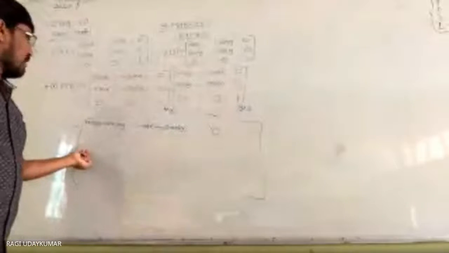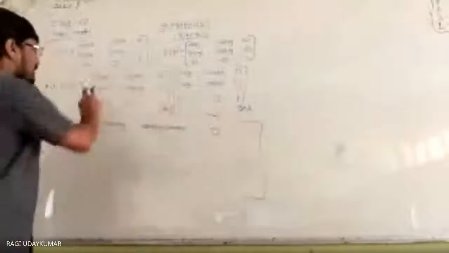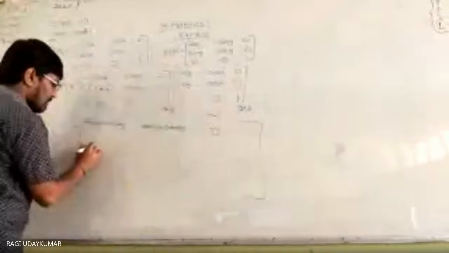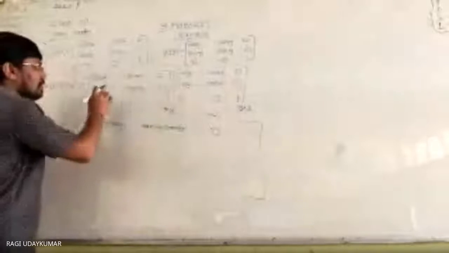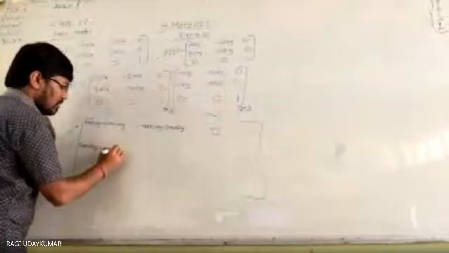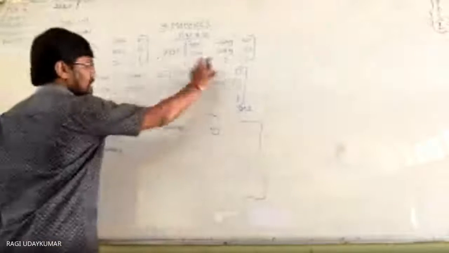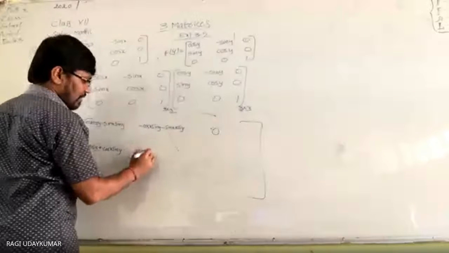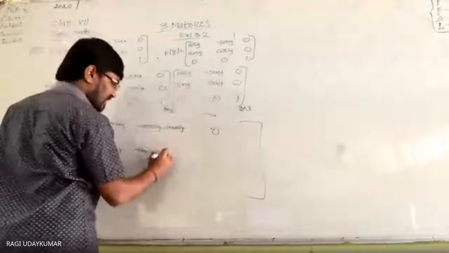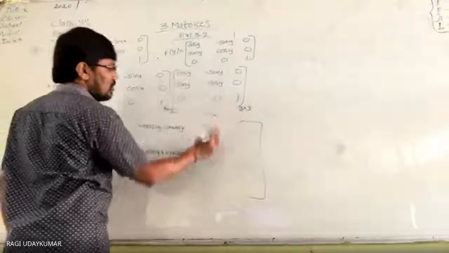Next, the same with second row, first column: multiply the second row with the first column, which means sin x cos y plus cos x sin y, plus 0 into 0, 0. Next, minus sin x sin y plus cos x cos y, plus 0 into 0, 0.